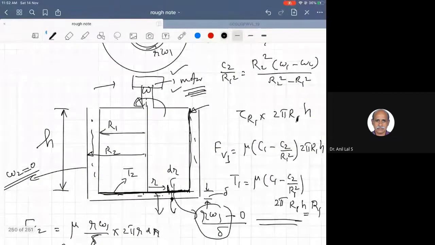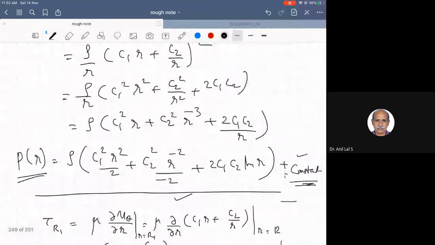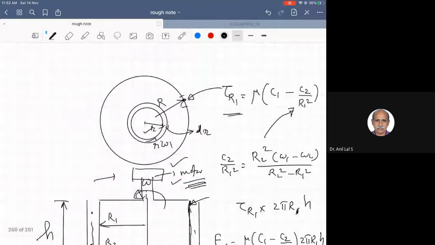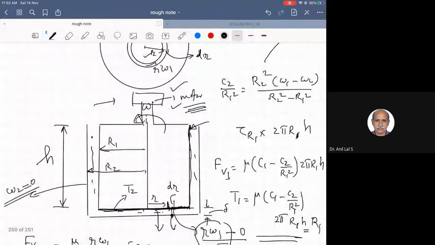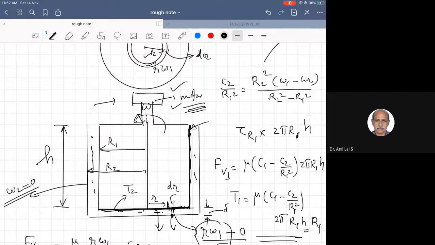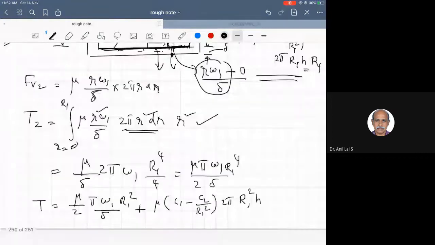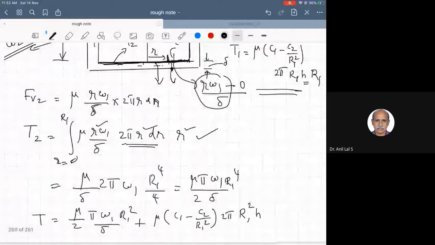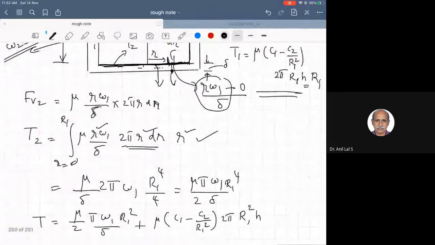Actually, from the basic derivation of u theta and pressure variation, we come to an application in which there is an inner cylinder and a stationary outer cylinder, and the inner cylinder is rotated with a fluid in between by a motor. By measurement we can get the total torque, and by theory we can get the total torque as per this situation.